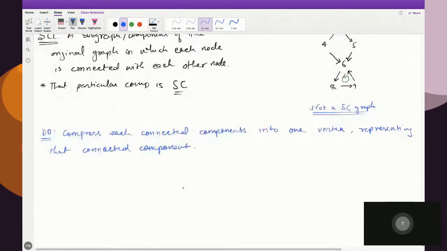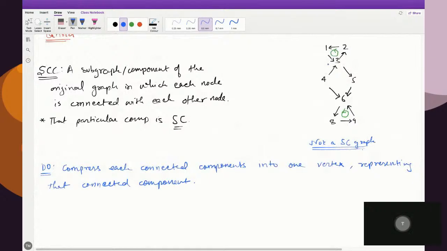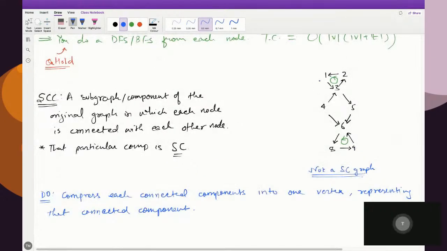Okay, so what do I mean? So in this original graph, let us modify the graph in such a way that we compress these vertices and we keep only the same nodes.